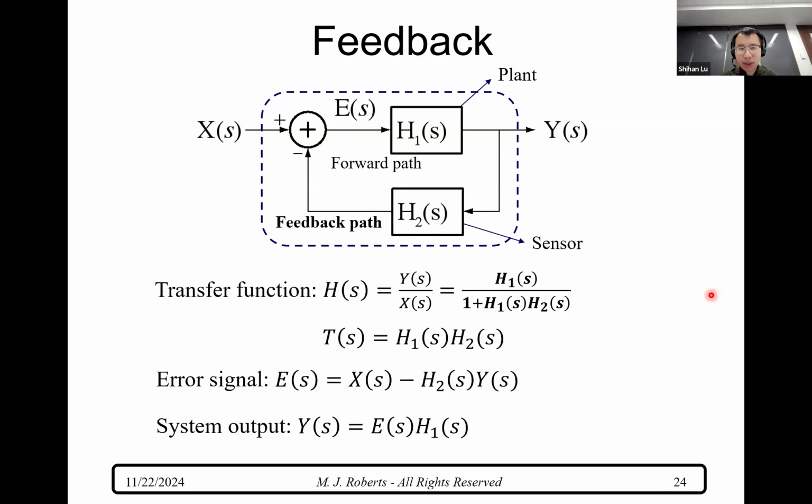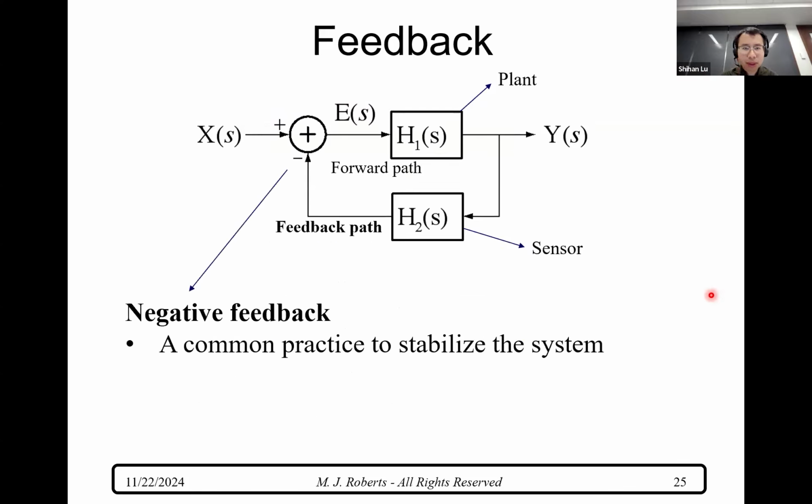And the one thing you will notice in this feedback system is that we take the system output Y of S and feed it into the sensor, H2 of S, and get the form after it goes through the sensor.